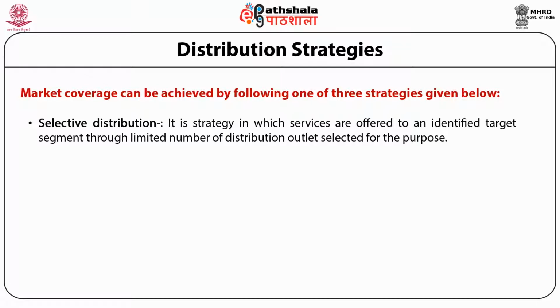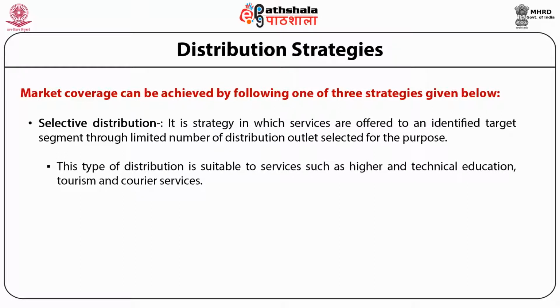Selective distribution is a strategy in which services are offered to an identified target segment through a limited number of distribution outlets selected for the purpose. This type of distribution is suitable to services such as higher and technical education, tourism, and courier services.